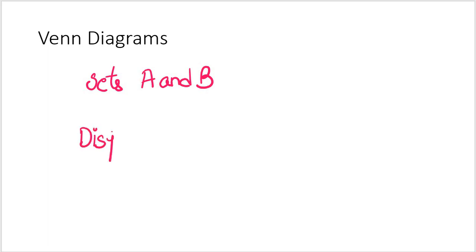So in the case of a Venn diagram, suppose I have two sets A and B. My Venn diagram for disjoint sets will look something like this.